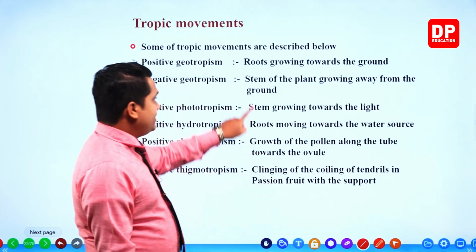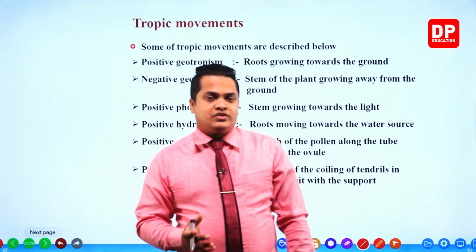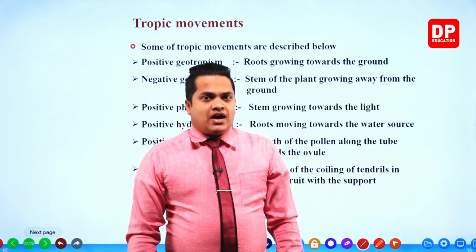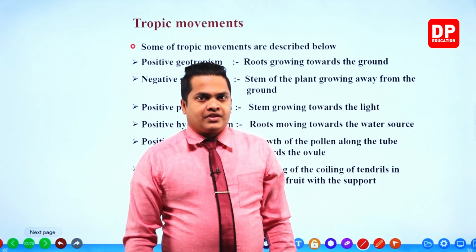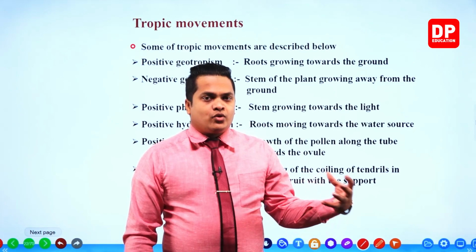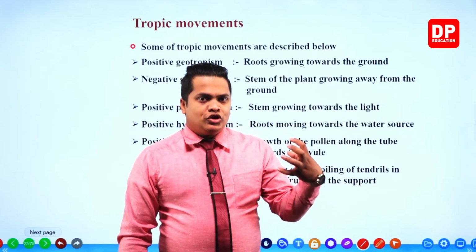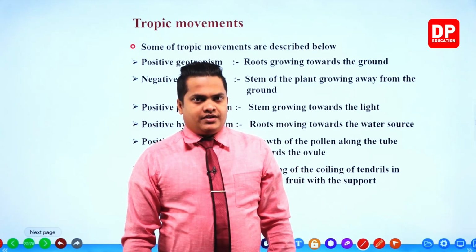Here it is given: roots growing towards the ground. We know that roots are the ones which grow towards the ground. In a plant, roots are growing towards the ground, so this can be taken as a positive geotropism or positive geotrophic movement.